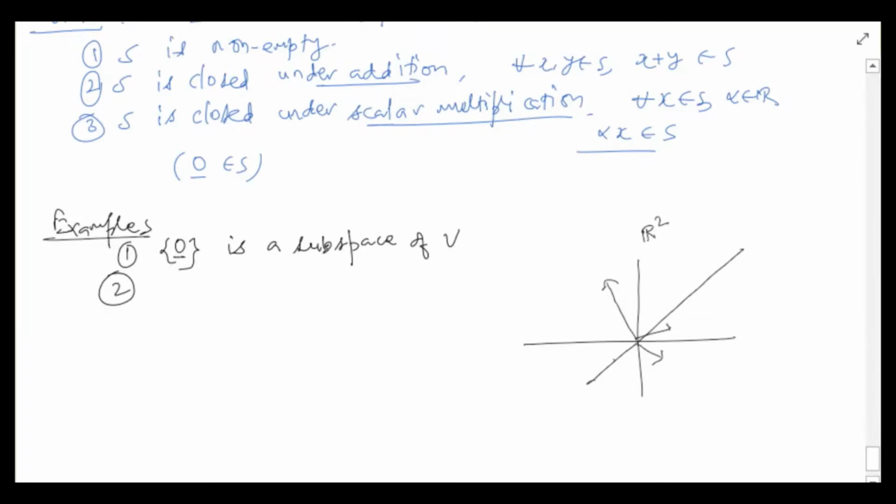Then if I take a line passing through origin, this line is a subspace of R2.